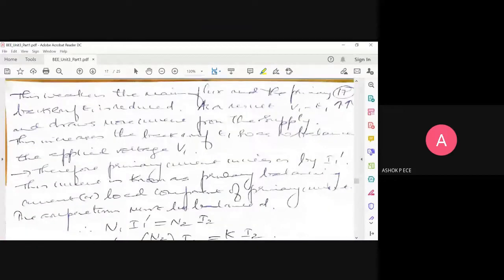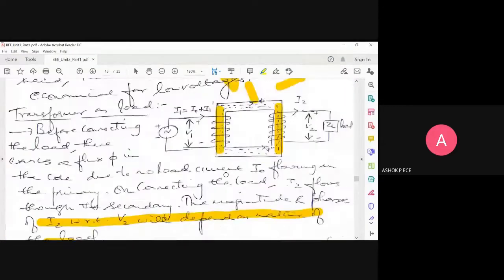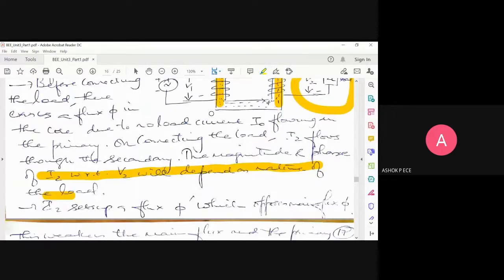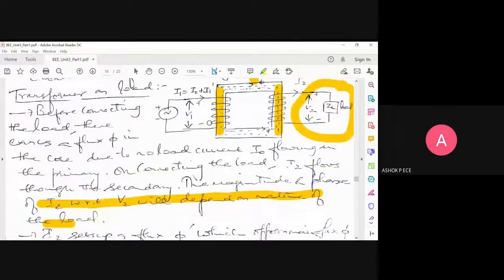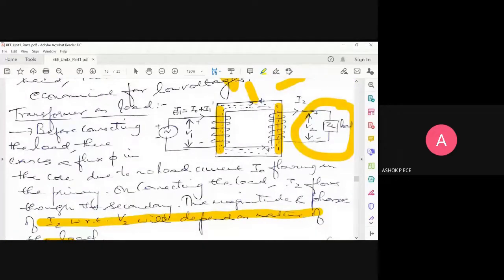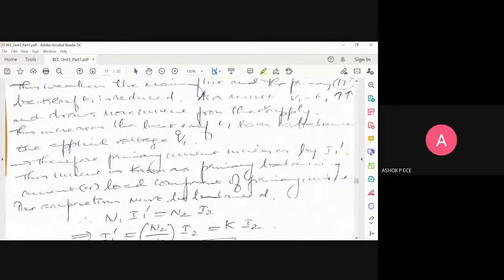I naught has two components, magnetizing current and core loss current. Apart from this, I1 dash occurs because of the load connected to the secondary. That is what is represented in the diagram. So I1 is I naught plus I1 dash, and I naught has two components, IW and IM, as we saw yesterday.